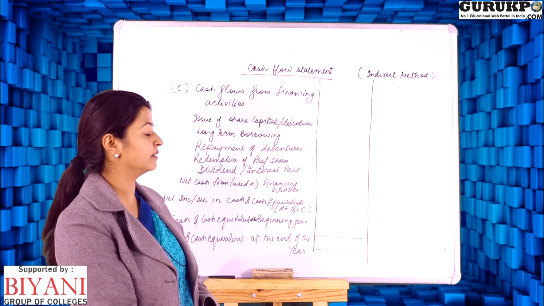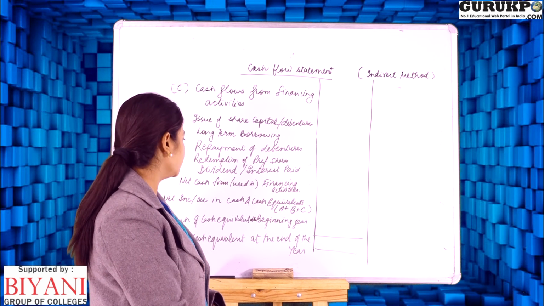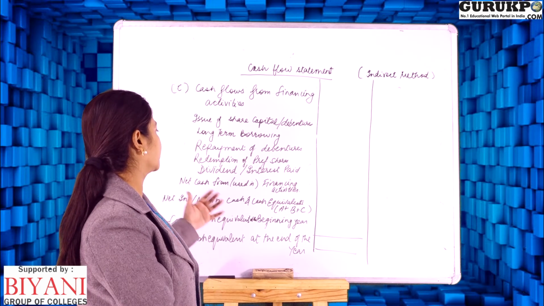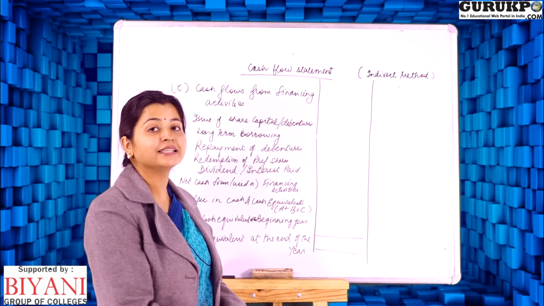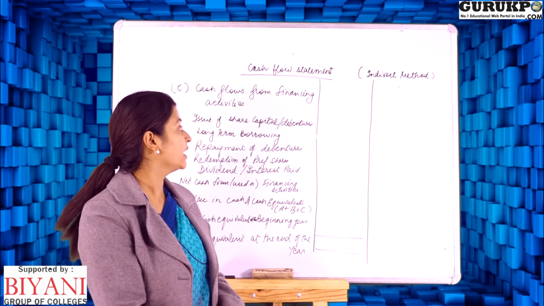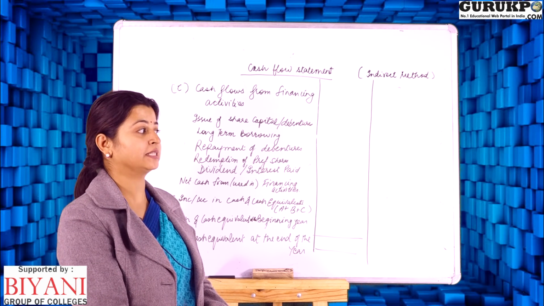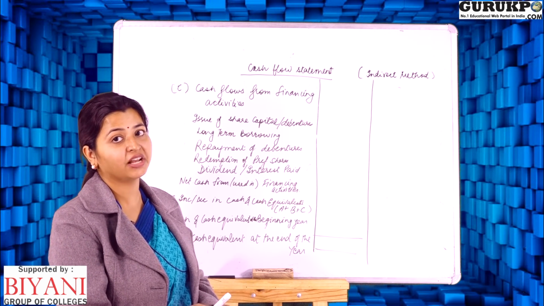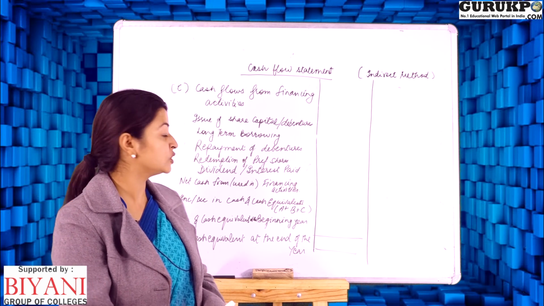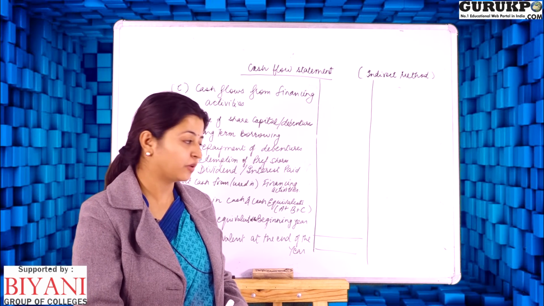If it is coming in plus, then it is from, or if it is coming in minus, it means it is used. Then the total of A plus B is net increase or decrease in cash and cash equivalent. If the summation is coming in minus, it means net decrease in cash and cash equivalent, and if it is coming in plus, it means net increase in cash and cash equivalent.